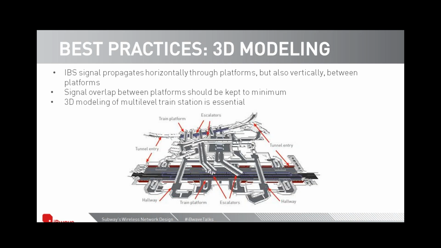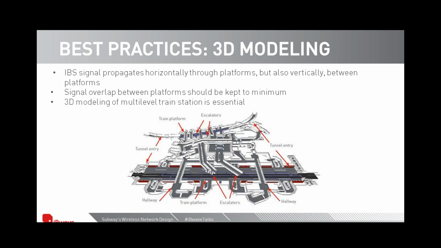You see 2 platforms, the lower one, and if you look closely, you will see that we have 2 trains that we modeled there at train platforms. The upper one is on the top of the picture. There is a train platform there, and there is 1 train at the station. And at each platform, you have entries to tunnels.